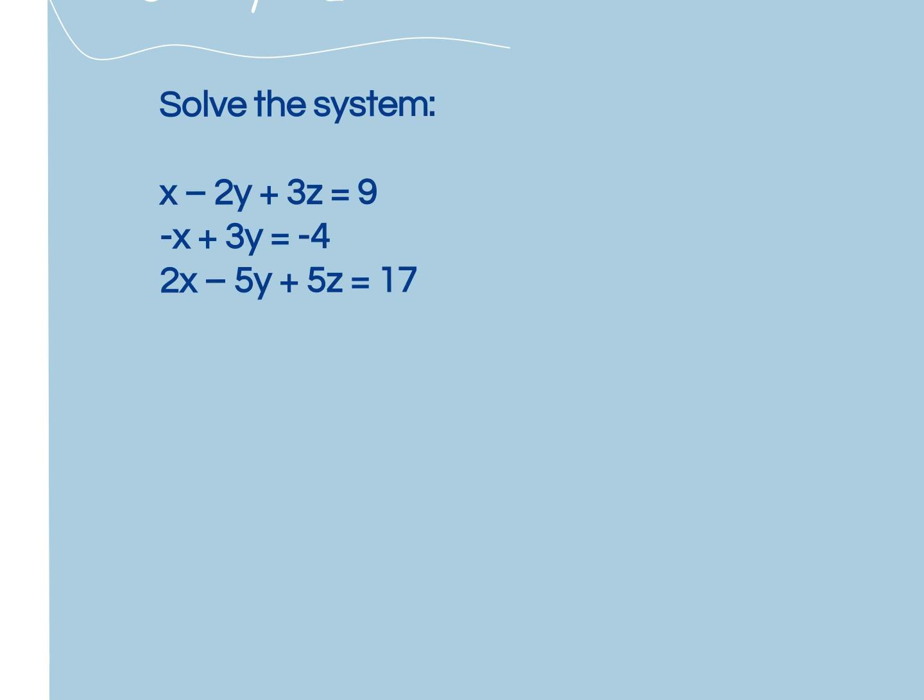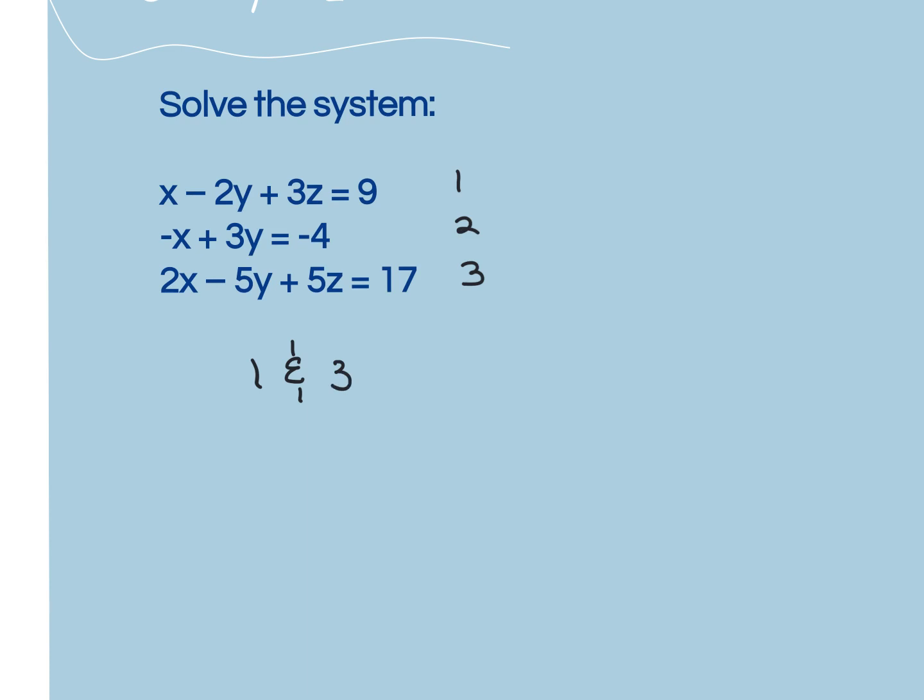So notice my second equation, and I'm going to number these. So this will be equation 1, 2, and 3. Notice my second equation is missing the letter z. So what I'm going to do here is combine equation 1 and 3. I'm going to add them together, and I'm going to eliminate z.